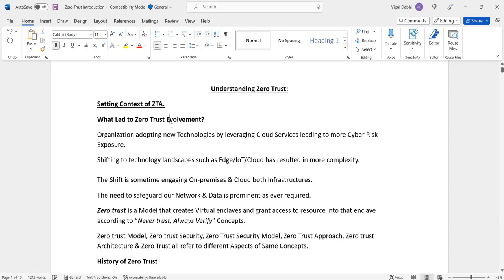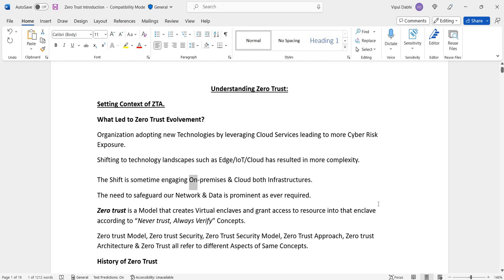Now the shift is sometimes engaging both on premises and cloud. We know that we have hybrid environments across on premises and cloud, and things can be more complex when we think of protecting them against threats.